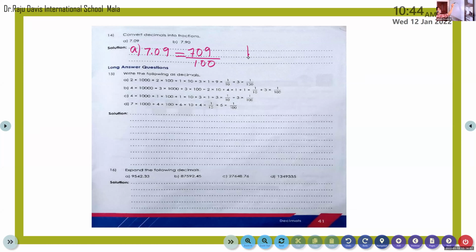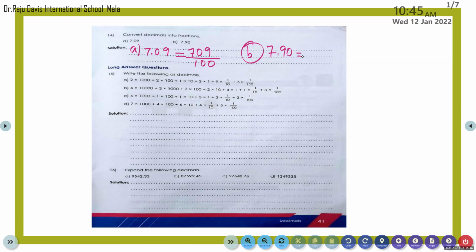Now question number B. The question is 7.90. Find out alone. Ma'am, can I tell? No, do it alone.